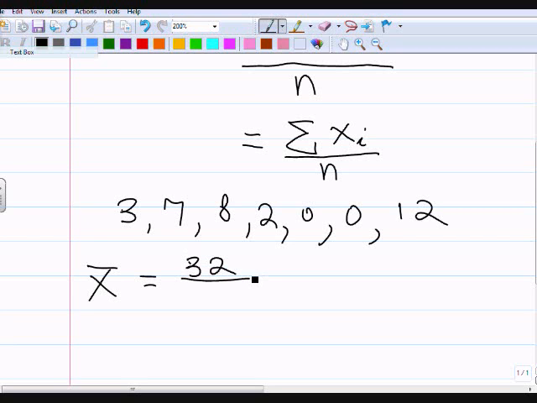How many numbers have I written down? 7. So what is my mean? 4.57. Pretty good. What is the one more decimal for me? 1. Okay, good.